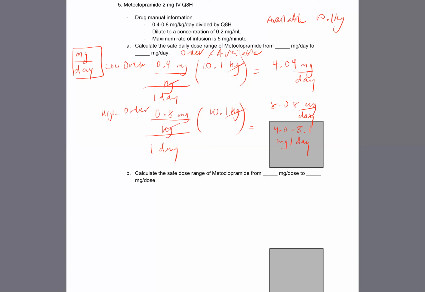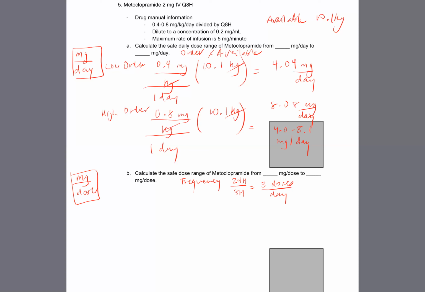For part B, we're going to calculate the safe dose range of metoclopramide from milligrams per dose to milligrams per dose. So the units that we're looking for are milligrams per dose, and this is when we have to take into account the frequency. Q8 hours, so 24 hours divided by 8 hours is 3 doses per day.